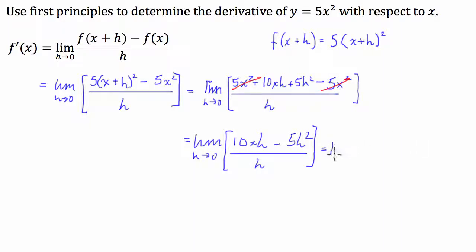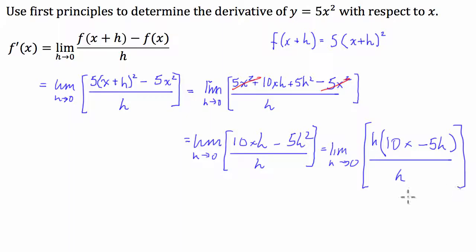So this is going to be equal to the limit as h approaches 0 of h outside of 10x plus 5h. Sorry about my handwriting. All divided by h. Now we can see that we've got these two h's which we can then cancel out, and that leaves us with the limit as h approaches 0 of 10x plus 5h.